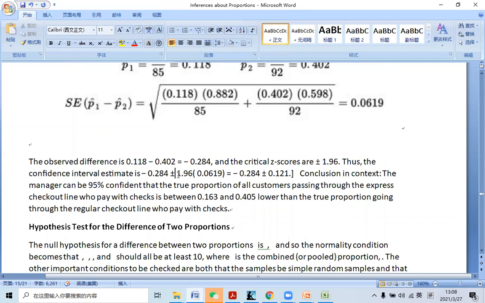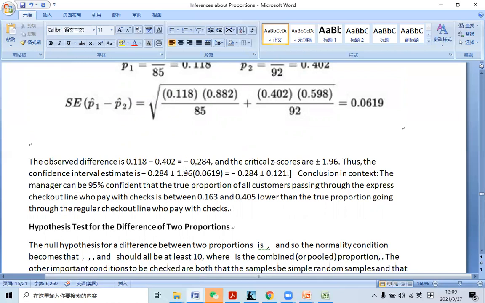And now you have all the information you need for getting your margin of error. The margin of error here is 1.96 times the standard deviation. This will give you the raw proportion, 0.121.